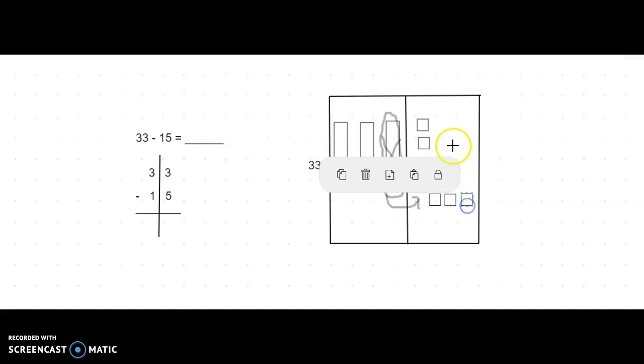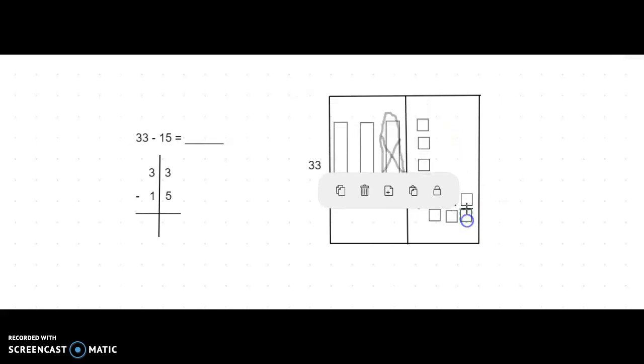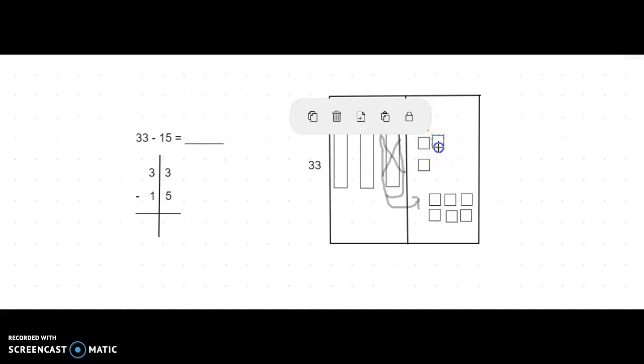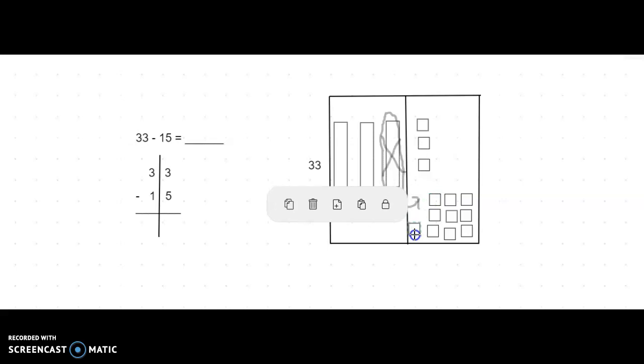3, 4, 5, 6, 7, 8, 9, and 10. Okay, so what I've done is I have broken up that 10 into 10 ones and moved them into the ones place.